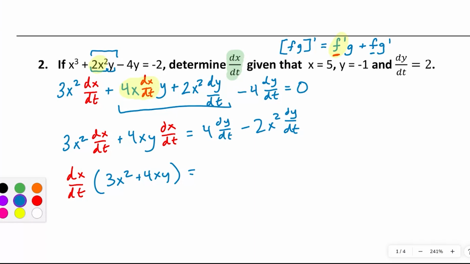But that's something that we did pretty frequently back when we implicitly differentiated before. Again, not really necessary because of what we're doing here. I'm just going to leave it as is. Last step here to find dx dt is going to be divide everything by 3x squared plus 4xy.